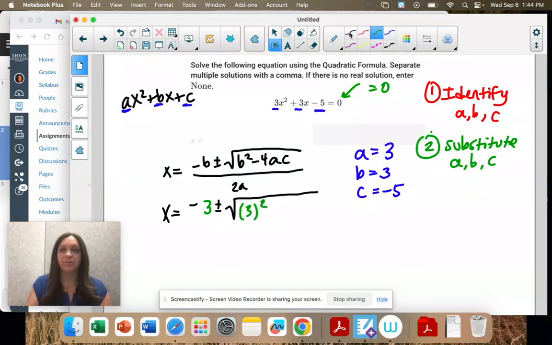We're going to square it. Minus 4 times a times c. So a is 3 times c, which is negative 5. All divided by 2 times a, which is 3.